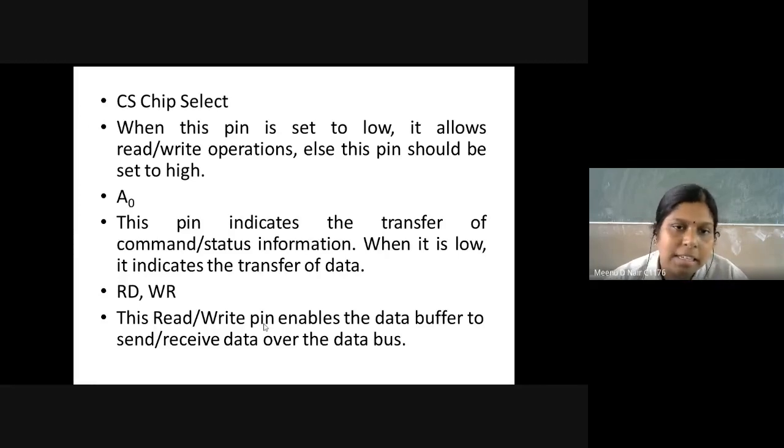Then A0 selects command or status information; when it is low, it indicates the transfer of data. RD and WR are the read and write pins, to receive or send data. That is the read and write command.